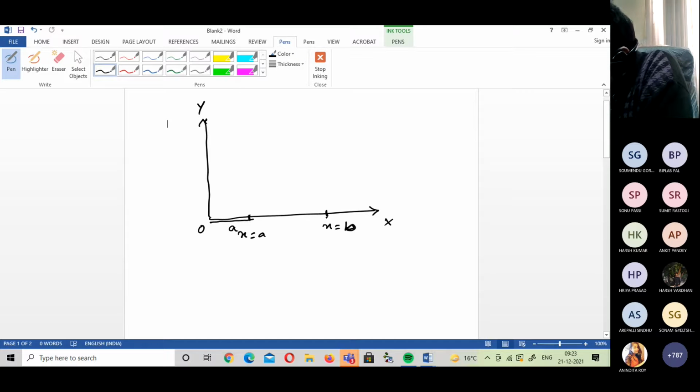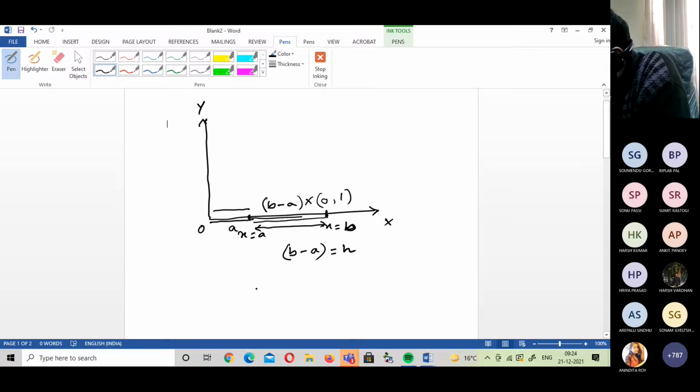Now see, b is some higher value and the interval is b minus a. You have just assumed that this interval b minus a is a small h. Then how can you represent the intermediate point? The intermediate point will be a plus (b minus a) times a quantity which ranges between 0 and 1.